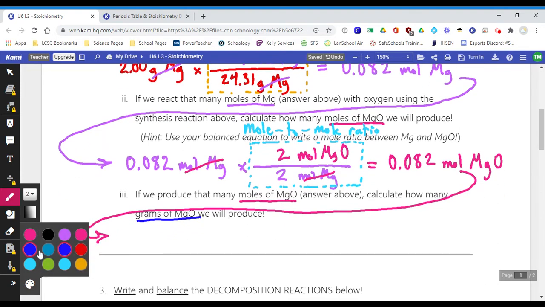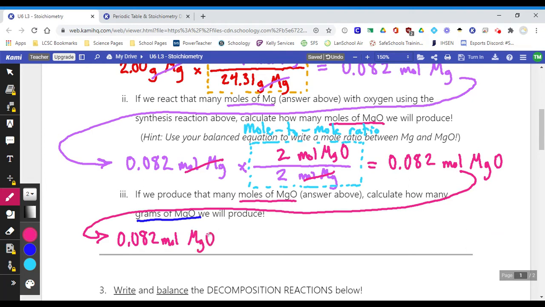All right, so we're going to start with what we know, which is 0.082 moles of MgO. I don't want the moles of MgO unit anymore, so I'm getting rid of it. Doing a fraction bar, to get rid of it, my moles of MgO are going on the bottom.